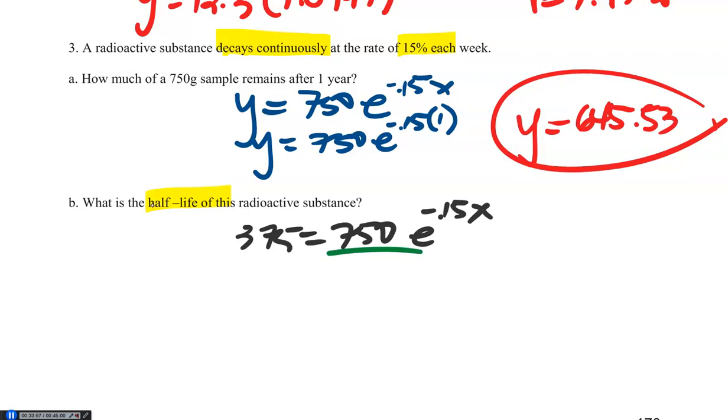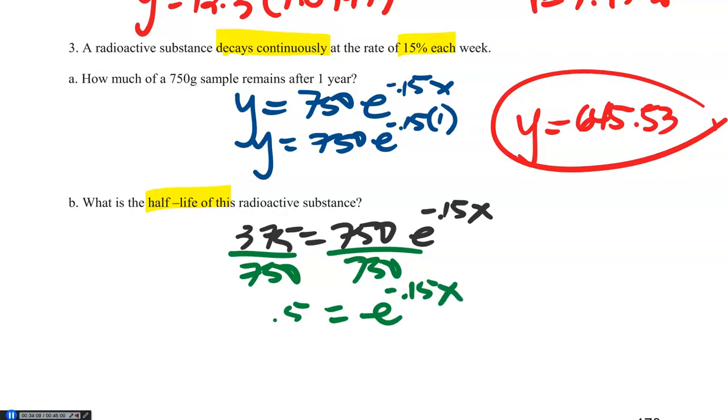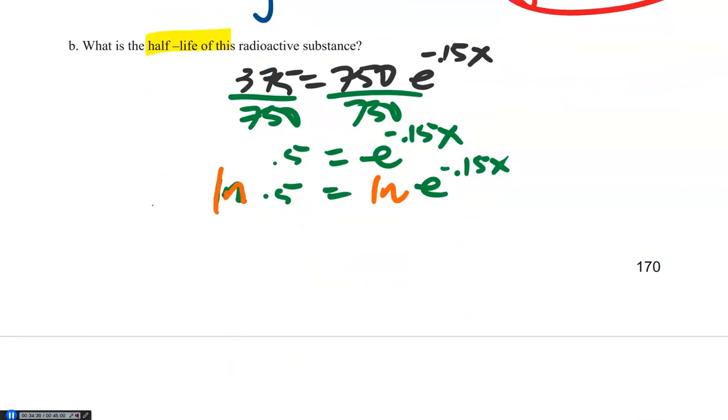And if you divide both sides by 750, so we have here 0.5, and then ln of 0.5 equals ln of e to the negative 0.15x.